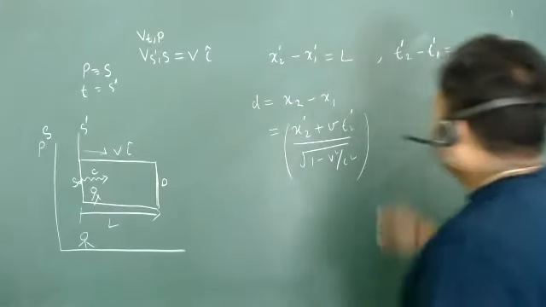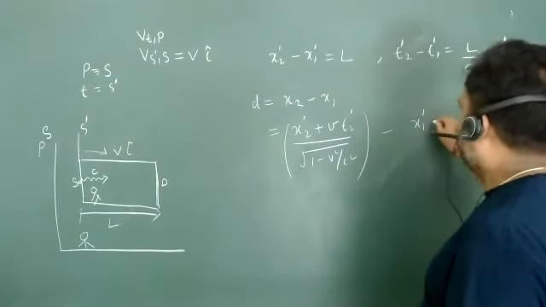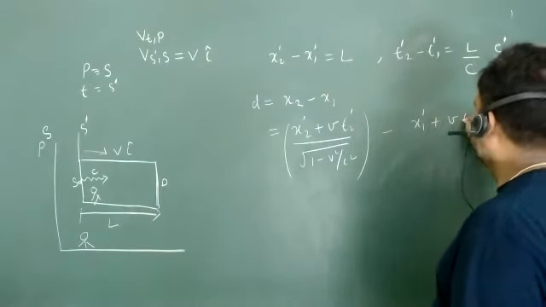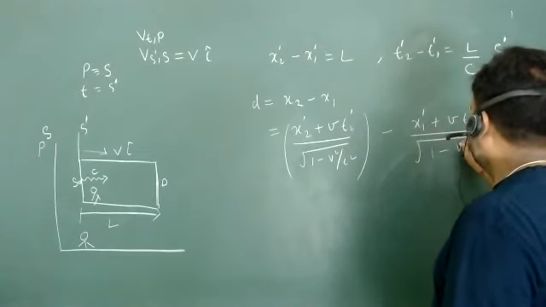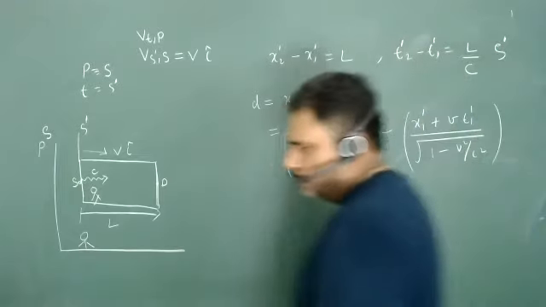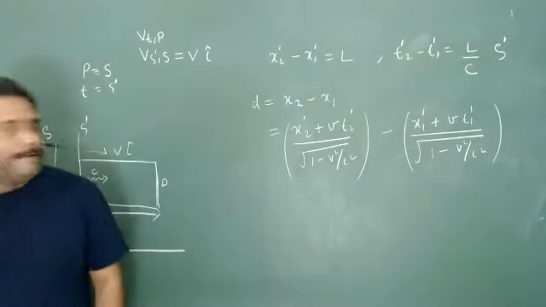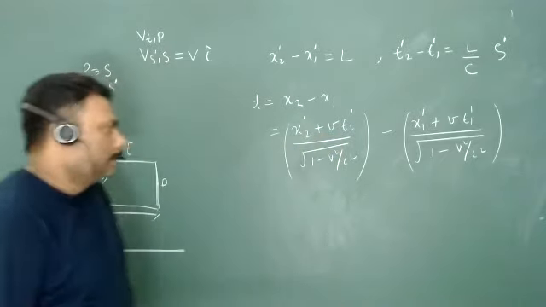Minus, what is x1? x1 is x1 dash plus v t1 dash, over root under 1 minus v square upon c square. Everybody is comfortable up to this? Yes. So I can collect the x part together and the time part together.